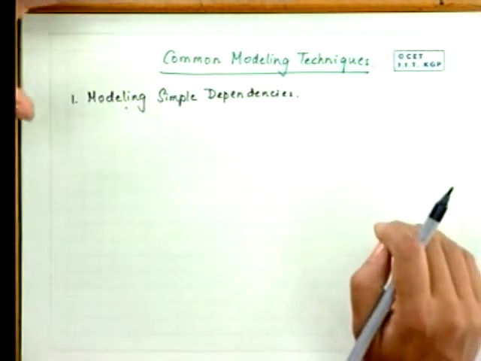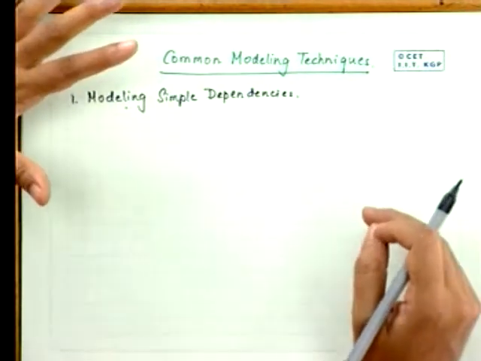So the most common kind of dependency relationship is one where one object occurs in another object as a parameter.